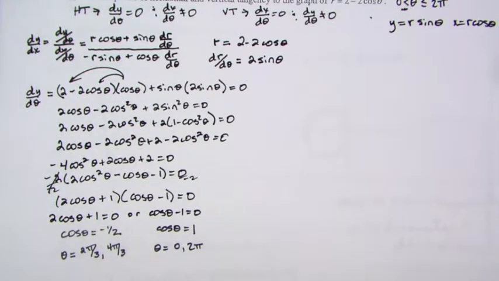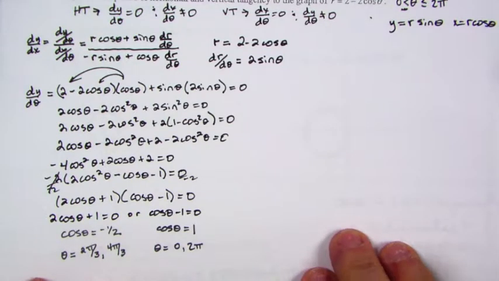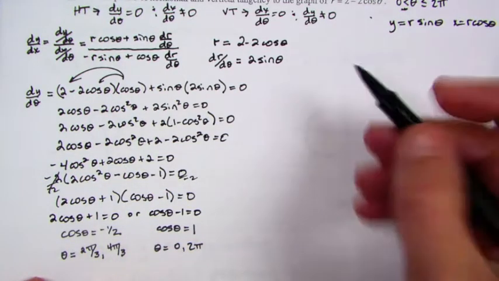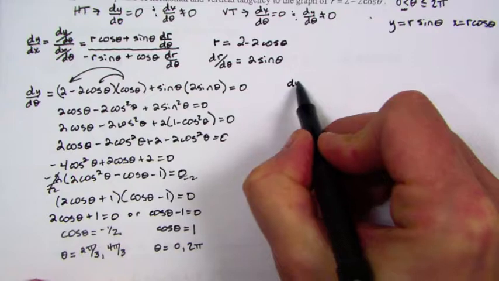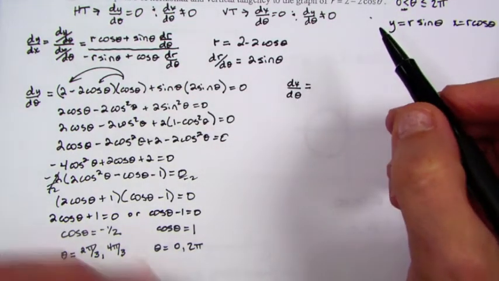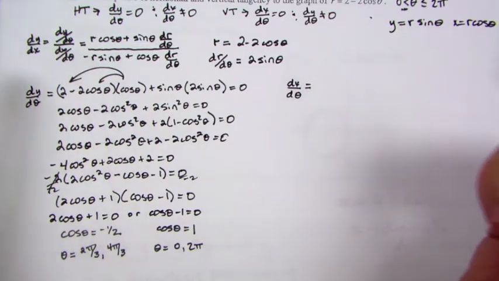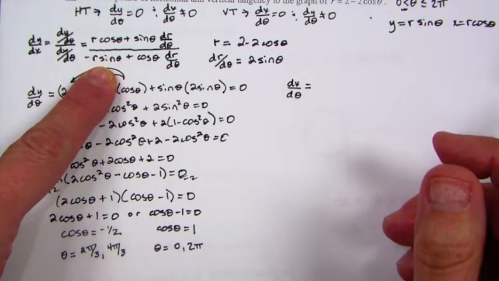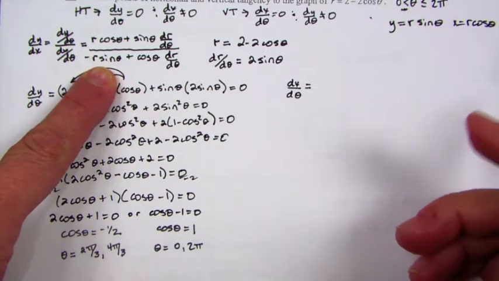So now I'm going to have to do the same thing for the dx d theta, so that I can look at potential vertical tangents, right, where dy d theta equals 0 are potential horizontal tangents. So let's go back up here to dx d theta. We will replace these values in the denominator. So it's negative r.